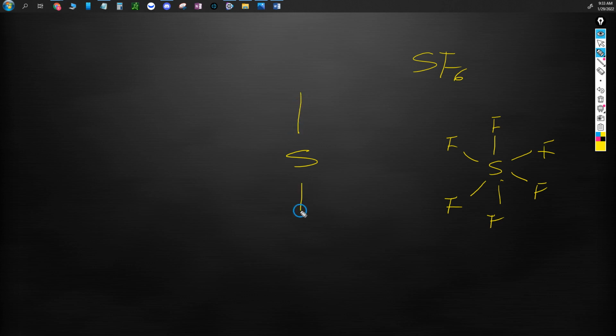Fluorine on top and bottom. The other four are going to be coming out of the plane, going into the plane, coming out of the plane, going into the plane. And then you will have this connecting-dot shape.